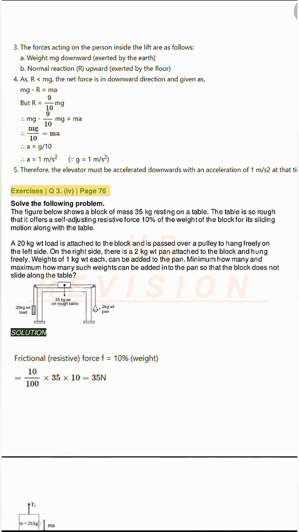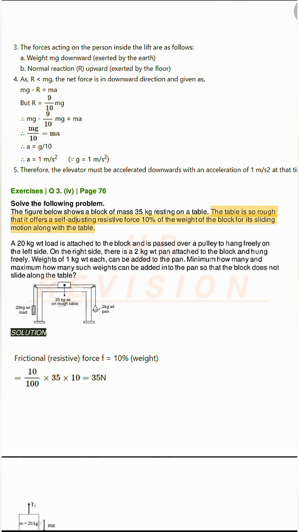Exercises Q3, IV, page 76. Solve the following problem. The figure below shows a block of mass 35 kilograms resting on a table. The table is so rough that it offers a self-adjusting resistive force of 10% of the weight of the block for its sliding motion along the table.